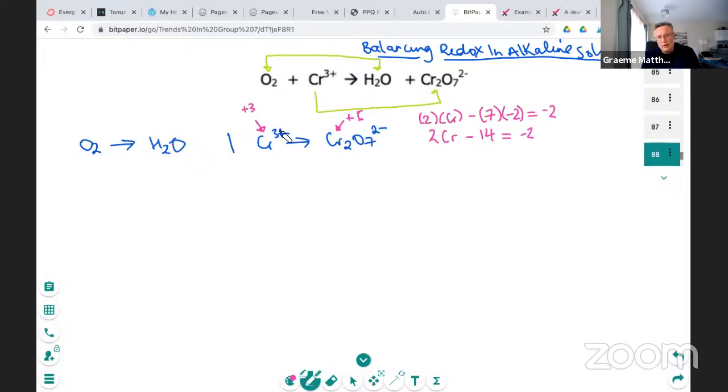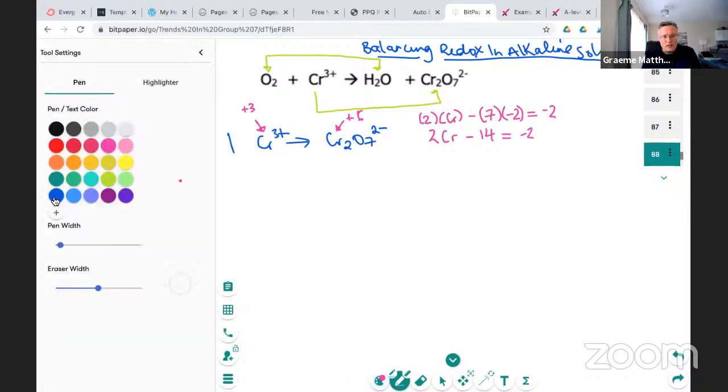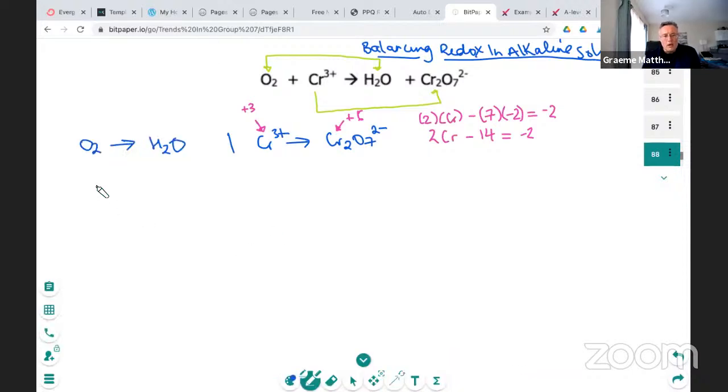So anyway, this has obviously been oxidized. So this one is going to go up to here, so oxidation like this. And so I've got chromium 3+ going to Cr2O7 2-, believe it or not.